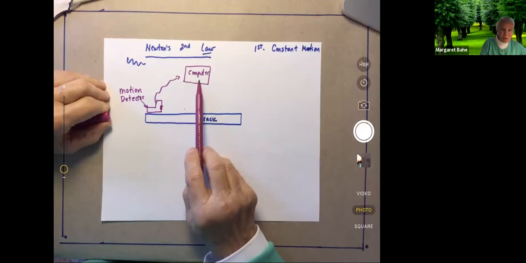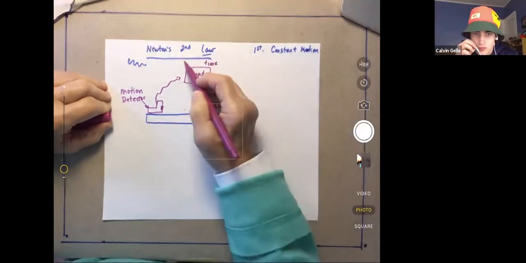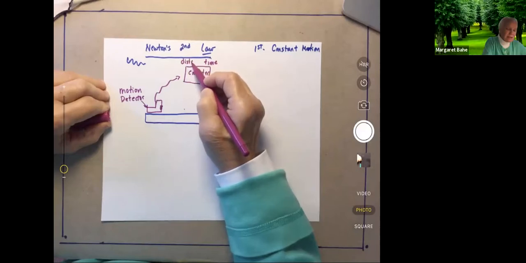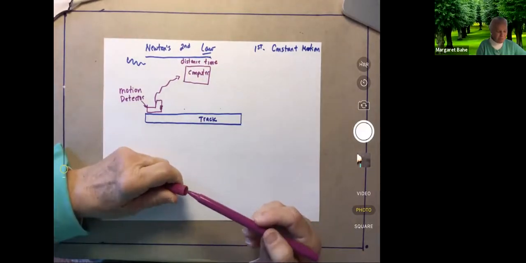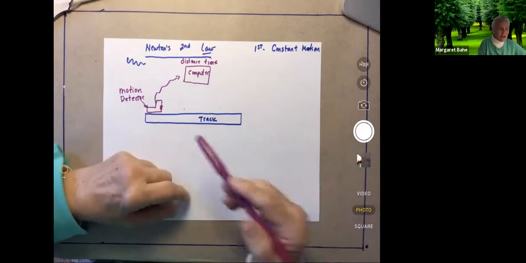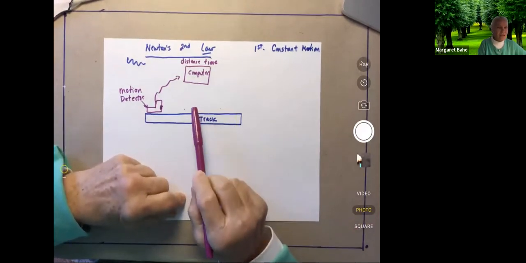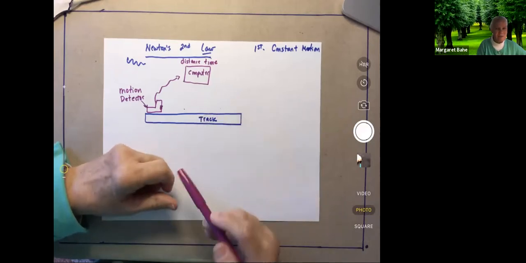And since the computer can tell time, so it now has these two pieces of information, distance and time, the computer can figure out the velocity of that object. Now, what is the relationship between velocity and acceleration?